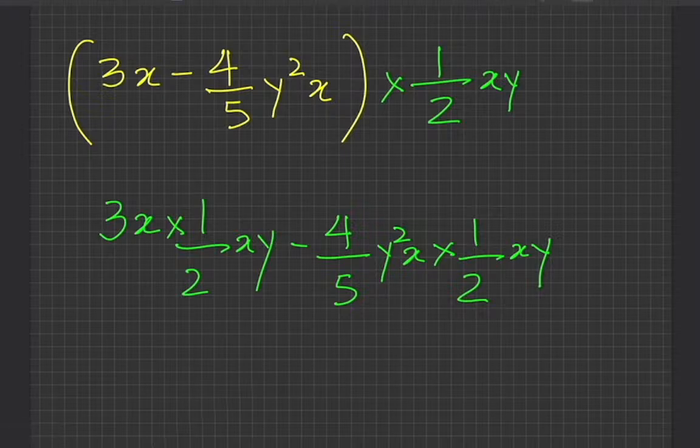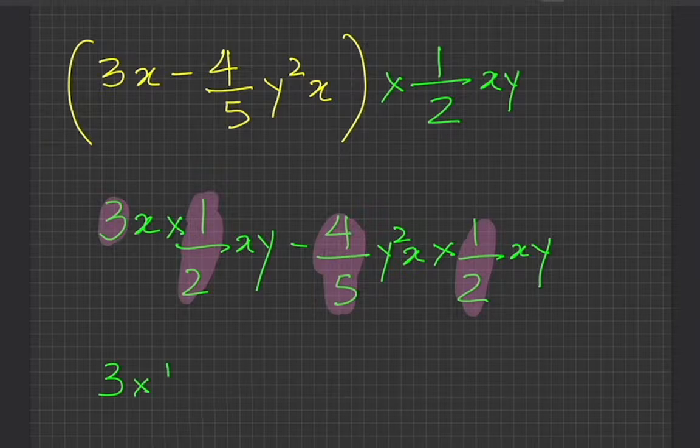The numerical coefficients here are 3 and 1 by 2, and I have negative 4 by 5 times 1 by 2. So 3 times 1 by 2 is nothing but 3 over 1 times 1 over 2. Multiply the numerators, multiply the denominators: 3 times 1, and 1 times 2. So it is 3 by 2.